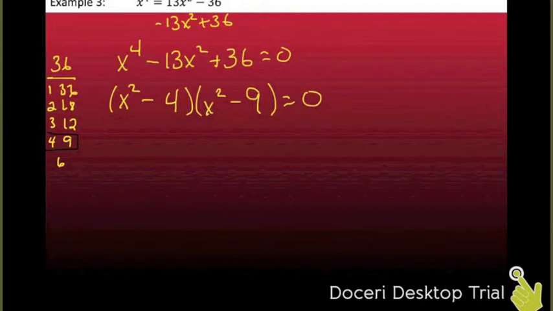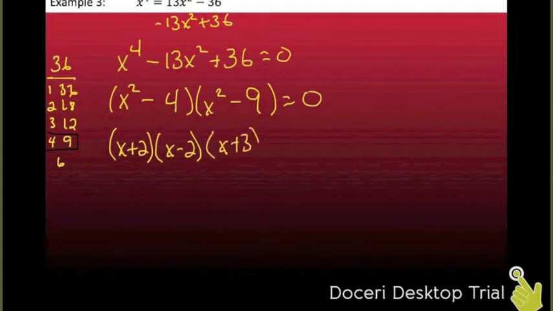And now we can break that down a little more. Both of these, in fact, are difference of two perfect squares. So this is going to be x plus 2, x minus 2, x plus 3, x minus 3.